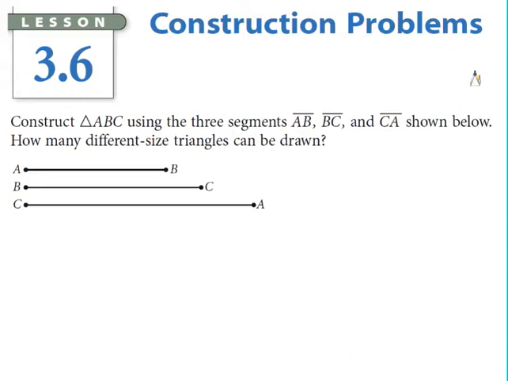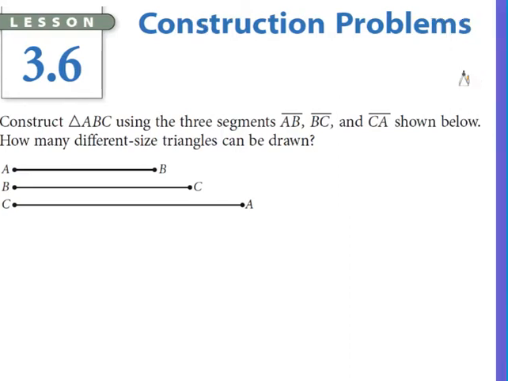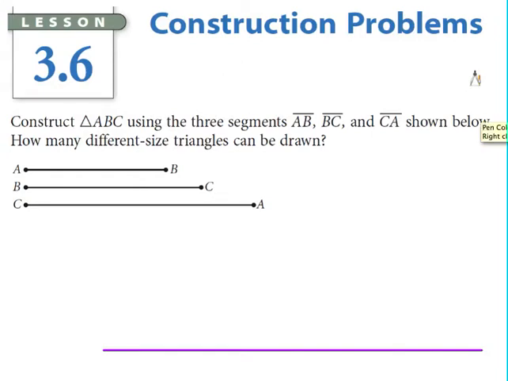So yep, get a compass if you need one. We're going to start by duplicating what segment then? CA. Okay, so I'm going to start by duplicating CA.